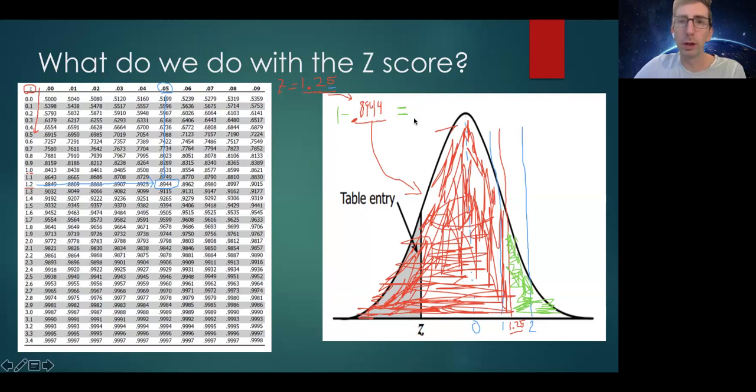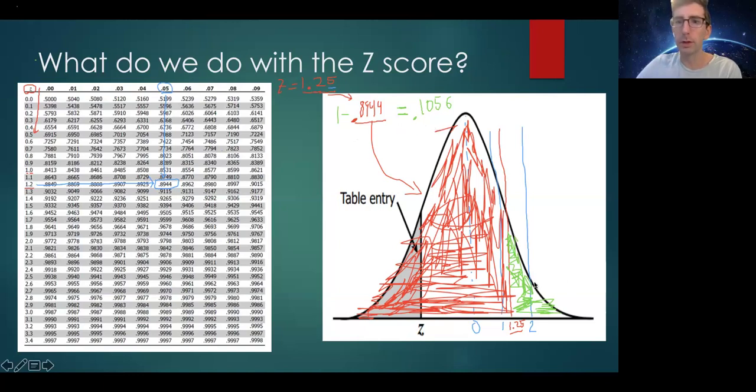So 1 minus 0.8944 is something like 0.1056. Let me just double check that. 1 minus 0.8944 is, yep, 0.1056. And so this would be our answer. This 0.1056 would be our answer if we were asked about something greater than that value.